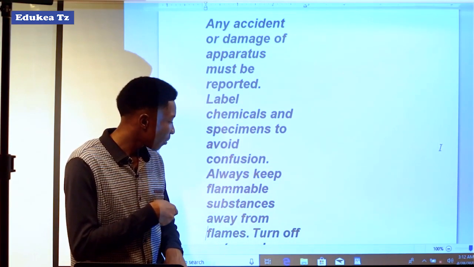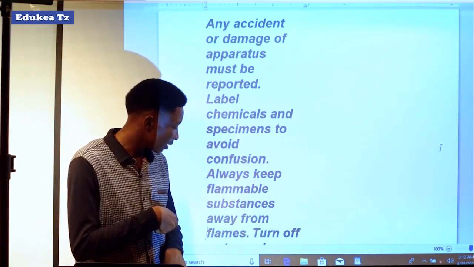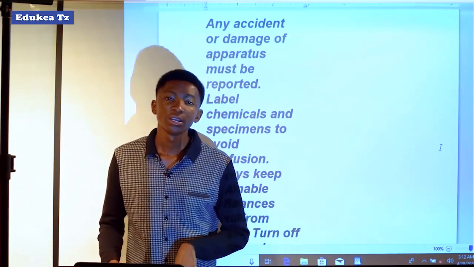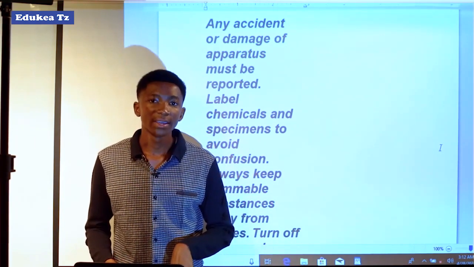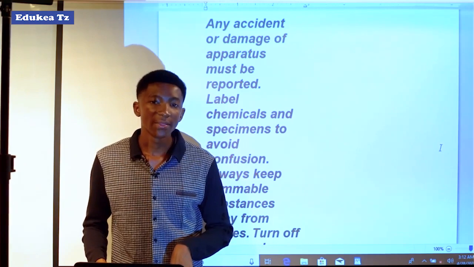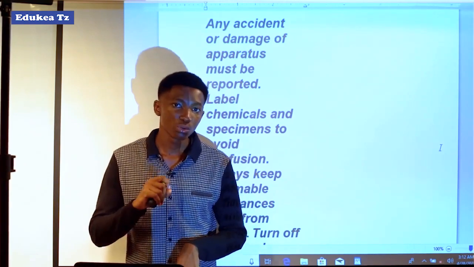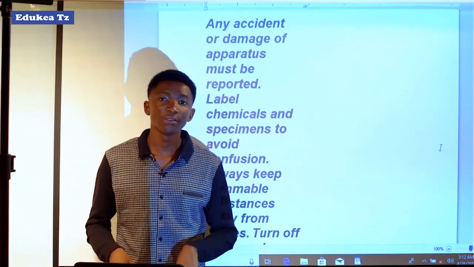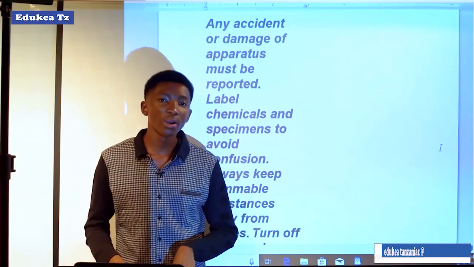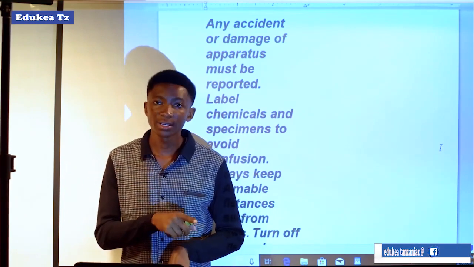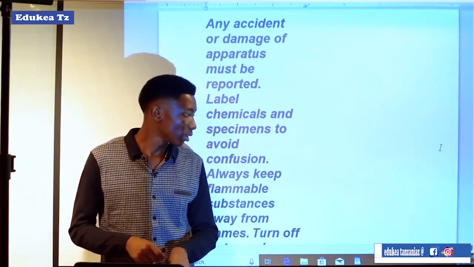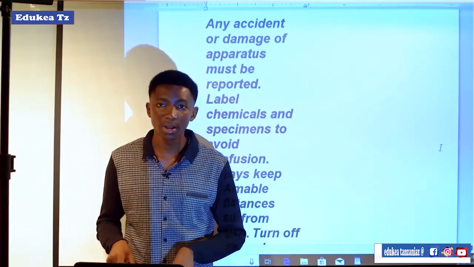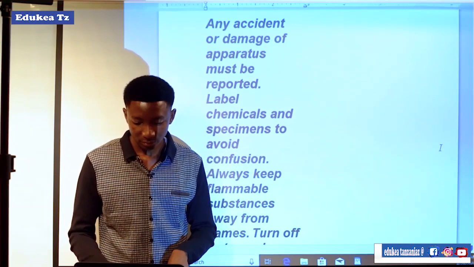Always keep flammable substances away from flames. Another thing to note: when you are in the laboratory, you need to avoid touching chemicals, and you need to keep flammables, which can cause a fire, away from the flames of those doing experiments in the laboratory.